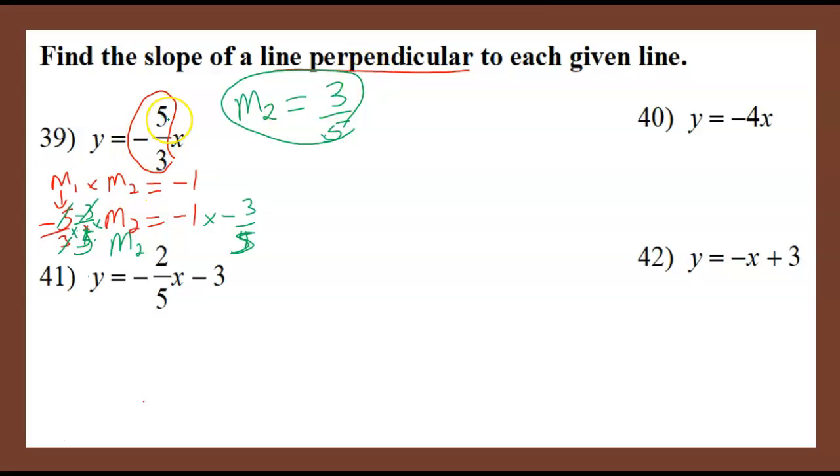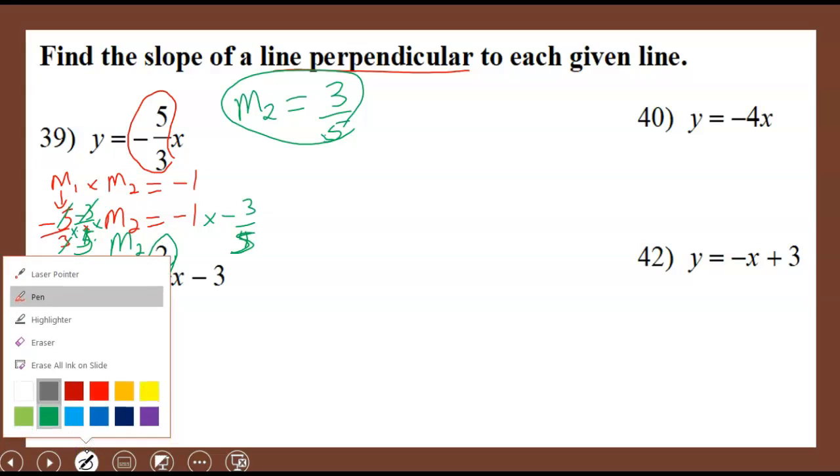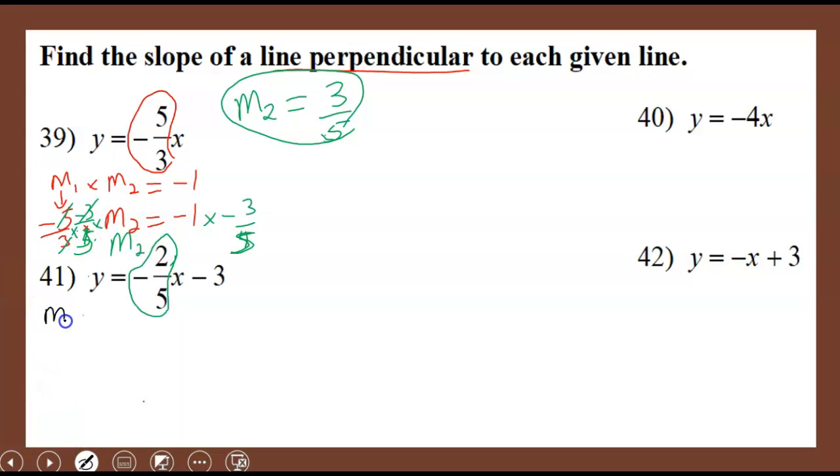It's the opposite reciprocal. So we do the same thing here. What's the slope of this line? I hope you find that negative 2 over 5 is the one that is multiplying x. So negative 2 over 5 is the slope. We take slope 1 times slope 2 equals negative 1.